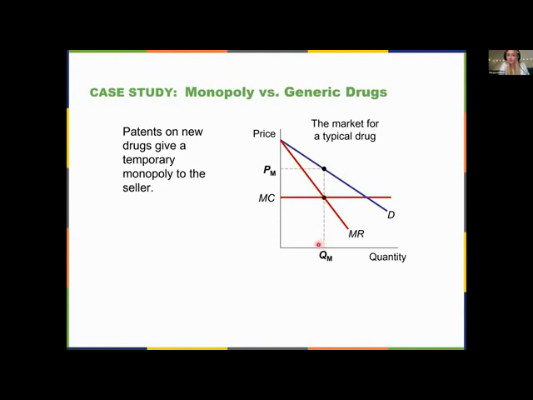That's how we find the quantity that this firm produces. And the price that they charge is the maximum willingness to pay for that quantity. So the price that the monopoly firm charges for the coronavirus vaccine is this price here.